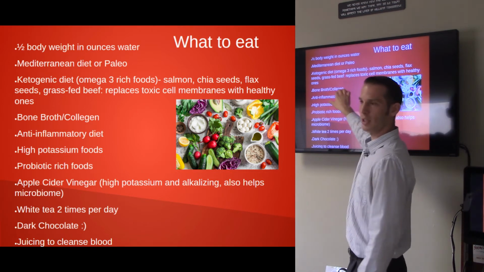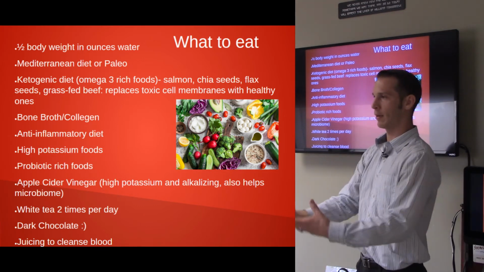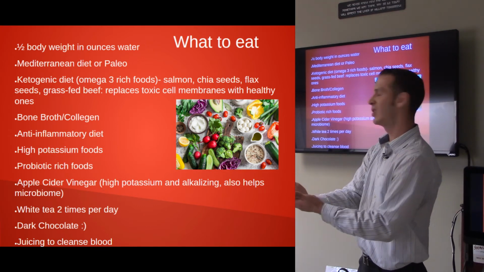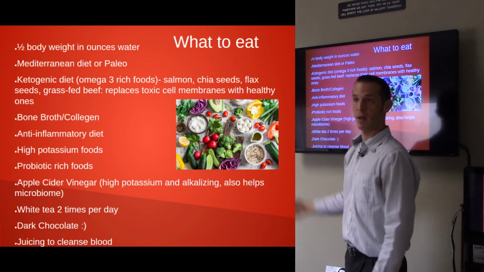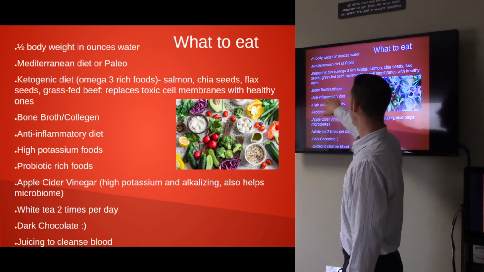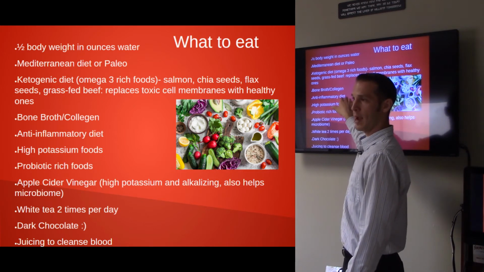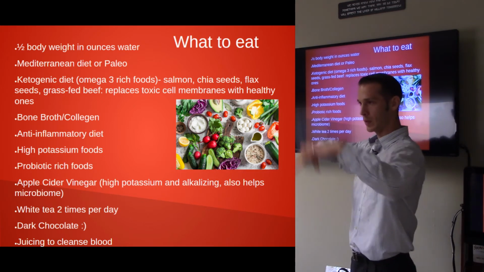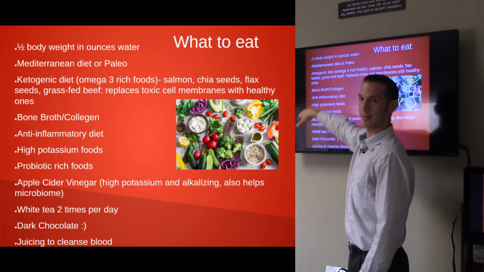Bone broth and collagen are the building blocks of the cartilage, of your actual joints themselves. Particularly for people with plantar fasciitis, anti-inflammatory diets are really fantastic because they reduce the amount of inflammation. And I'll let you know, the Mediterranean diet is an anti-inflammatory diet.